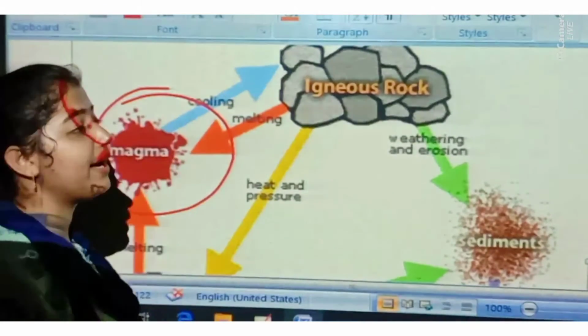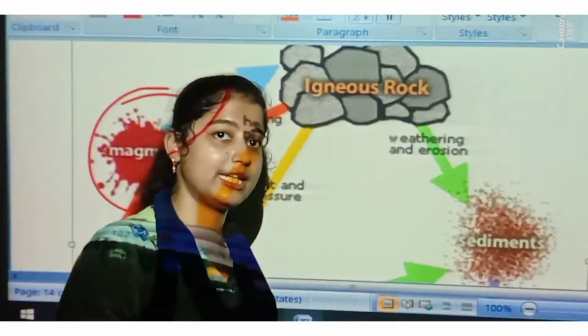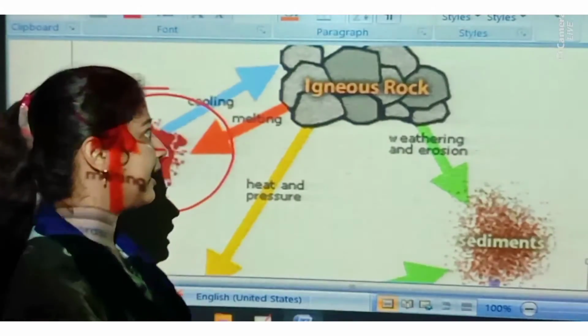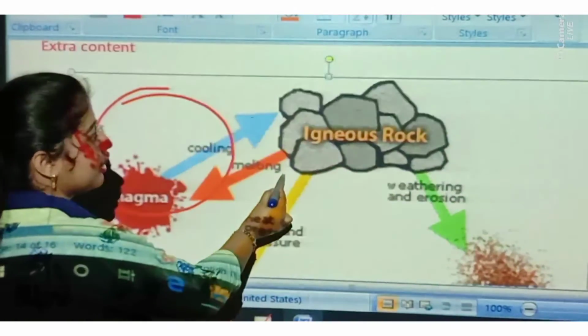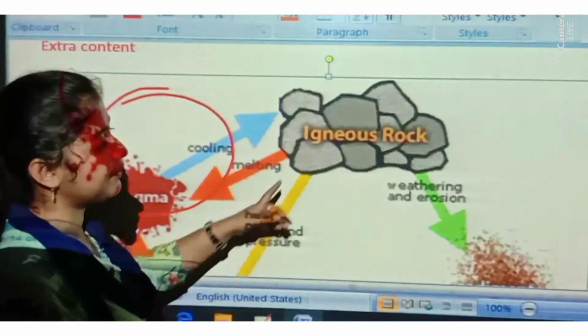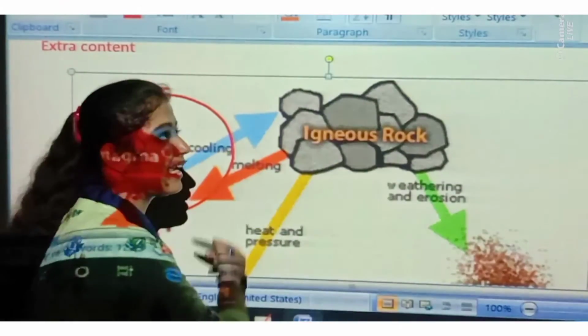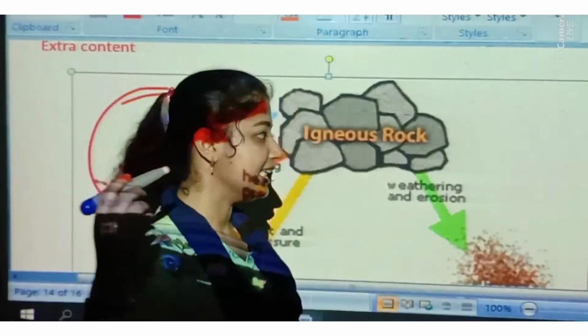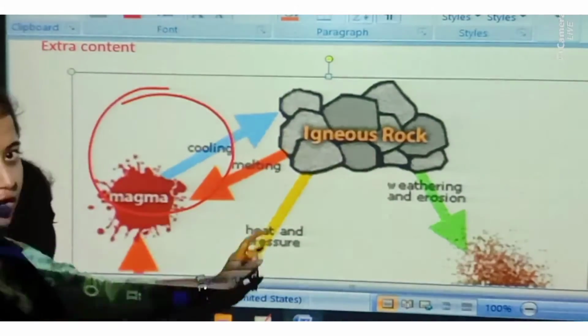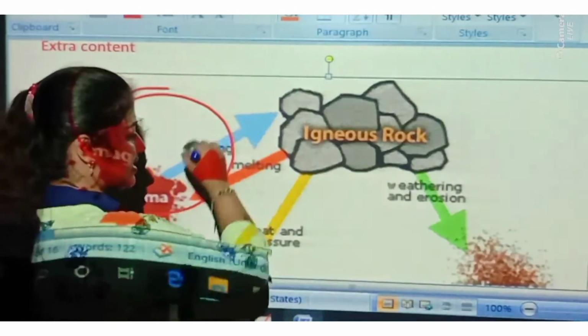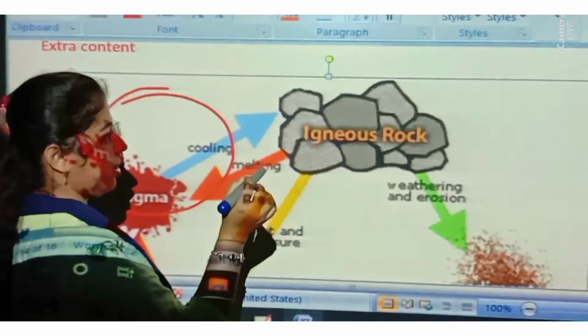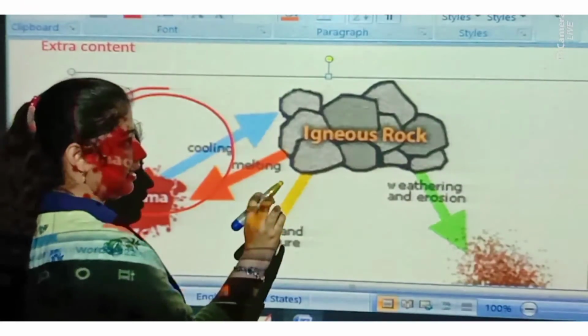And again magma erupts through volcanic procedure and, through cooling, creates igneous rock, and so on. The cyclic chain happens again. This is what we call the rock cycle. Clear?